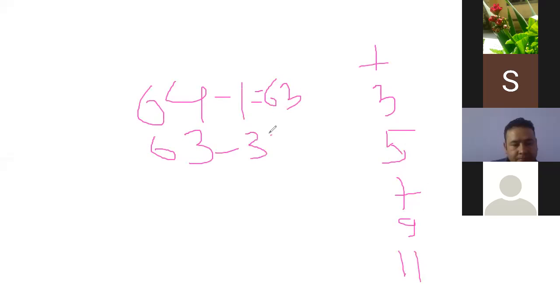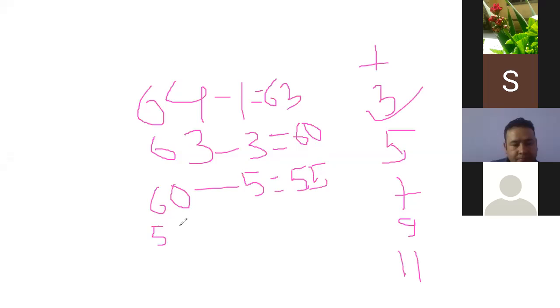Subtract 3. What will you get? 60. Again, from 60 subtract 5. How much will you get? 55. Correct. Now from 55 minus 7. How much will you get?